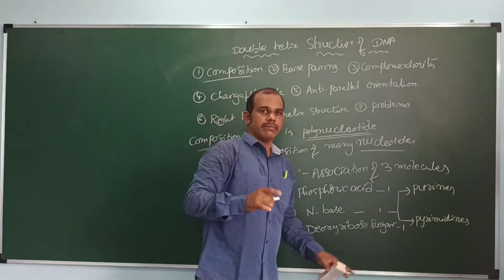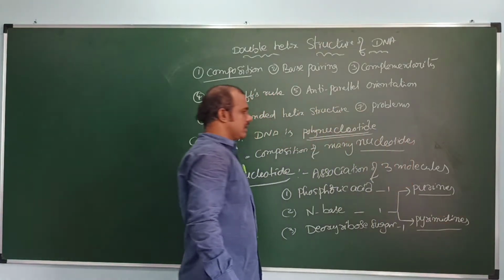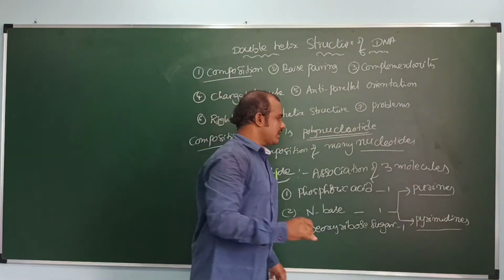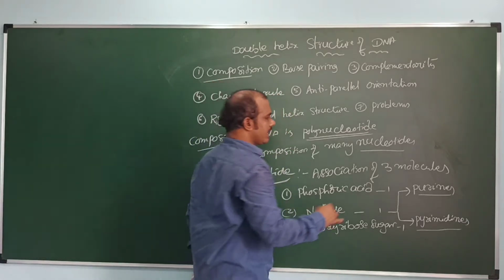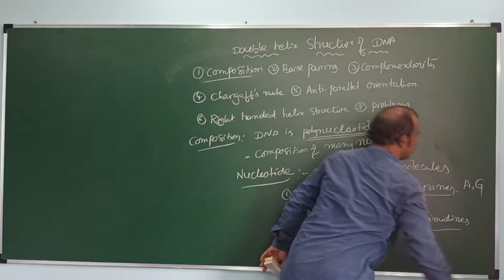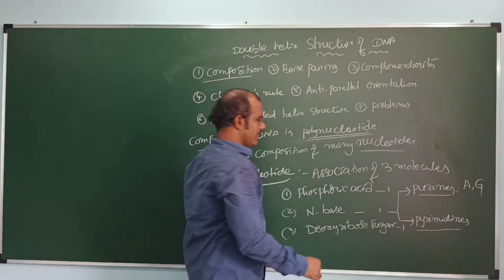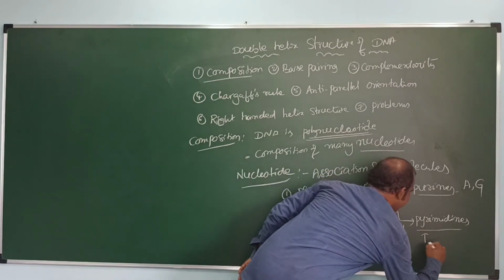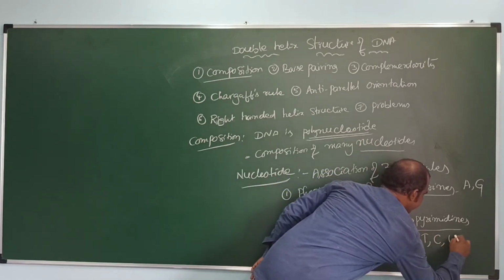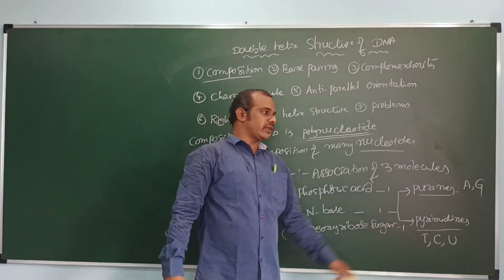Purines and pyrimidines. There are two purines: one is adenine, another one is guanine. There are three pyrimidines: that is thymine, cytosine, uracil. These are the two types of nitrogen bases.